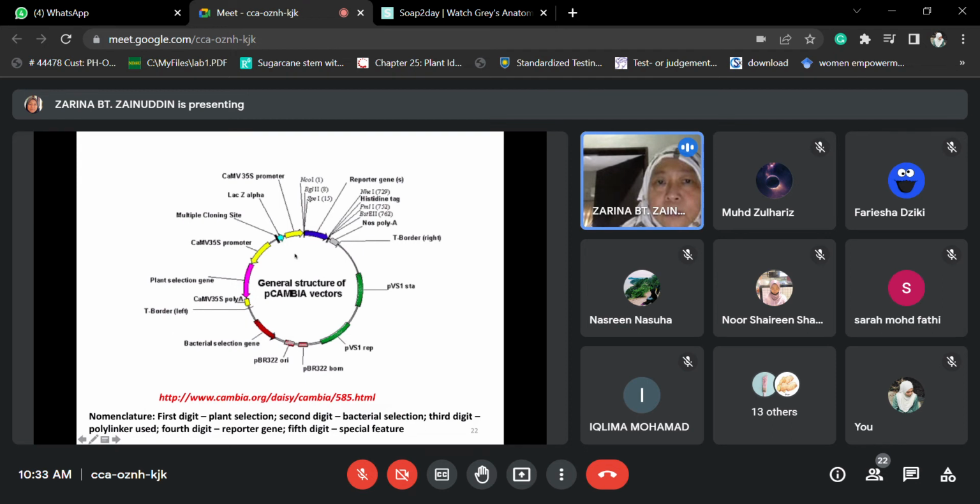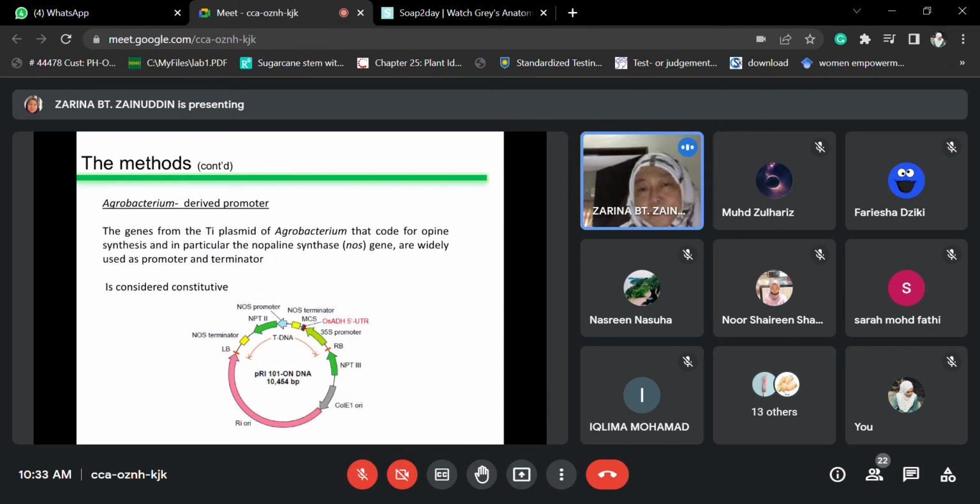So it contains multiple cloning site where you can clone your gene of interest or you can insert your gene of interest, and then there are the selection gene lah. It can be antibiotic resistant, it can be herbicide resistant, for example, to select transformed plant. Okay, I think you are quite familiar lah because you done the experiment one tu kan. Okay, any question?